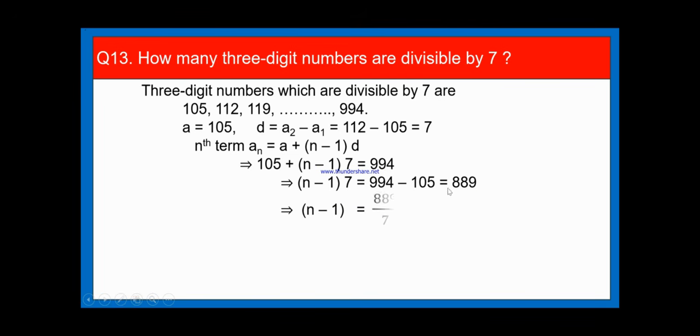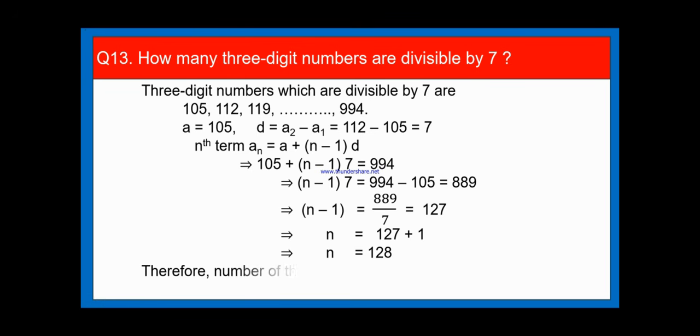So n minus 1 into 7 is 889, or n minus 1 is equal to 889 divided by 7. This 7 in 889, 127 times. Means n minus 1 is equal to 127 and n is equal to 127 plus 1, or n is equal to 128. So there are 128 3-digit numbers that are divisible by 7.